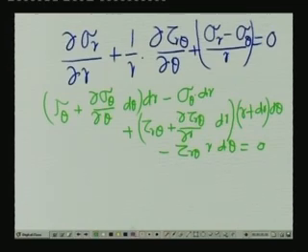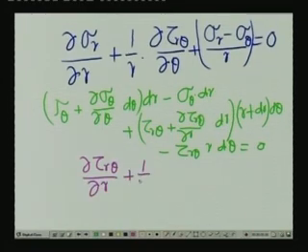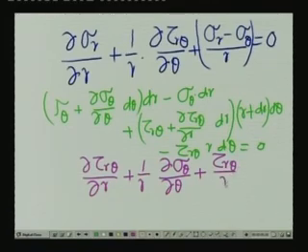And this gives us the expression, finally, after simplification, as del tau r theta by del r plus 1 by r del sigma theta by del theta plus tau r theta by r, this is equal to 0.